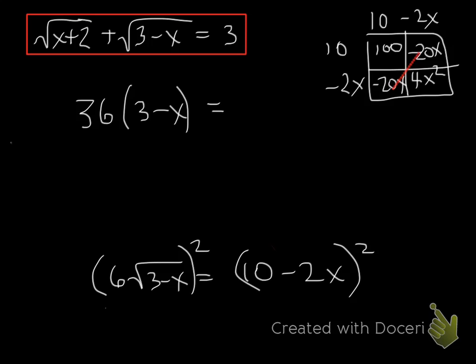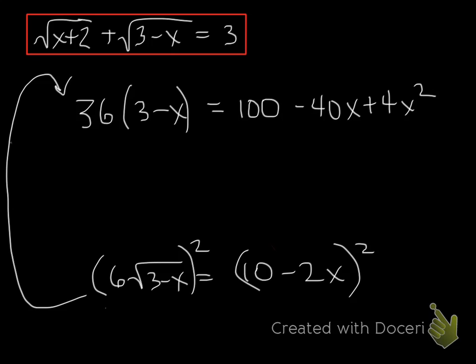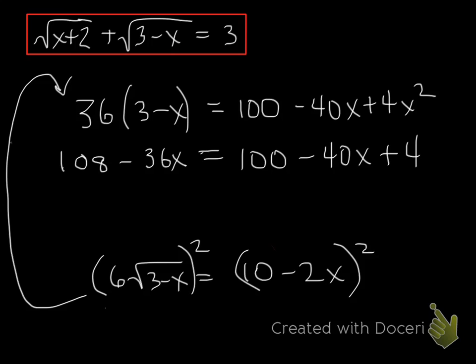So the right hand side here is equal to, expanding the left hand side, you have 36 by 3, that's 108, minus 36x, and that's equal to 100 minus 40x plus 4x squared.